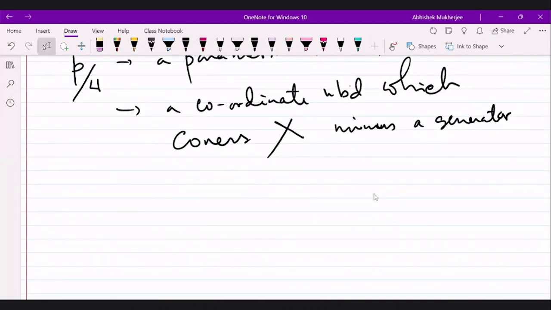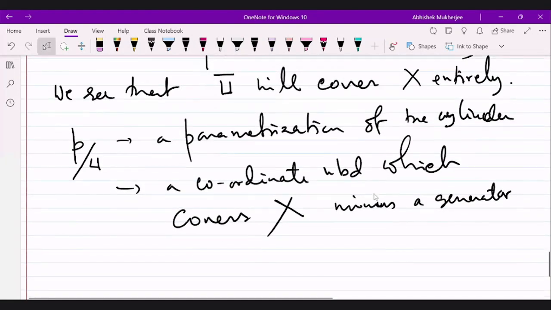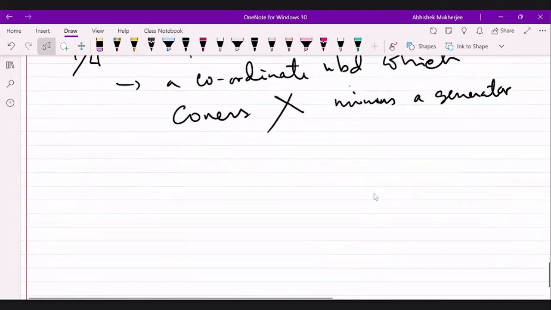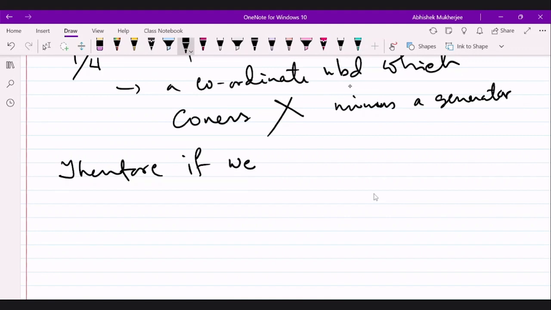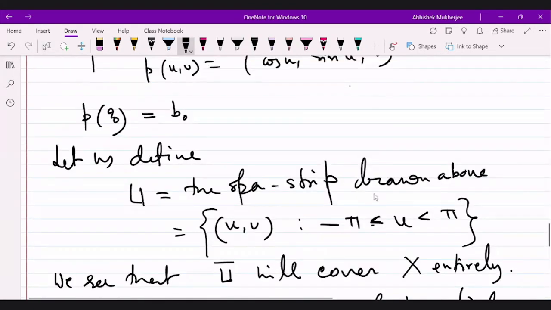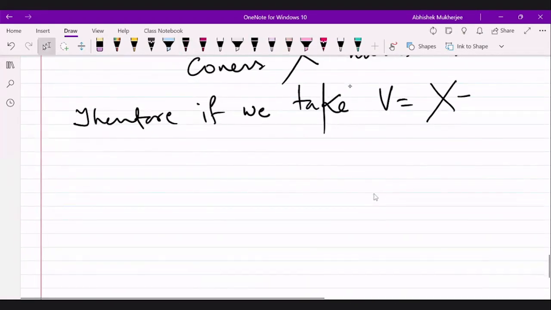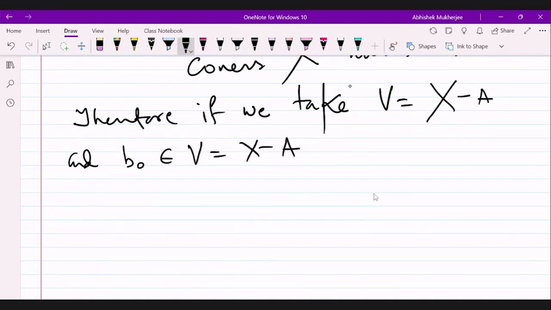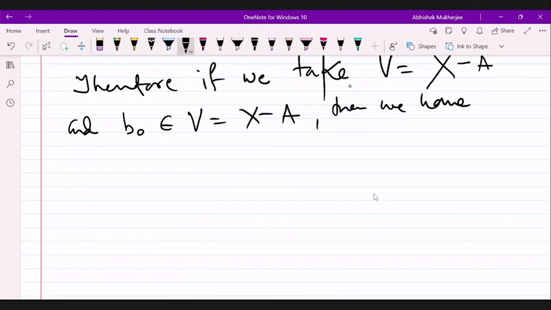Okay. So therefore, if we take V as that x minus, let us call that generator some A, and this B naught must be in that V, then we have P inverse of V. What is that?